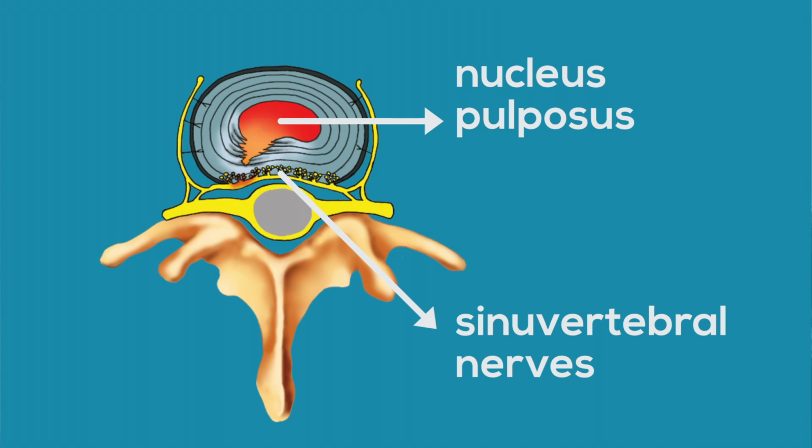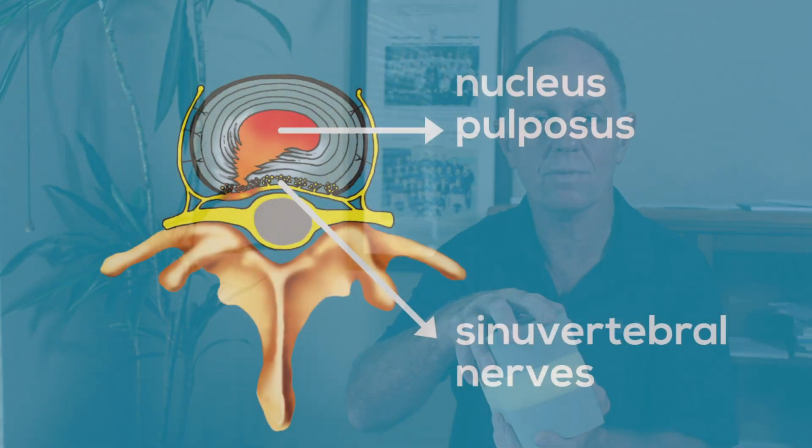So as we put more and more mechanical strain on this disc, the fissure moves further and further. Interestingly, there will be two forms of pain. Mechanical, as we squeeze, cough, sneeze, we compress the disc and this fissure moves further and starts mechanically pushing against the sinovertebral nerve, causing pain.